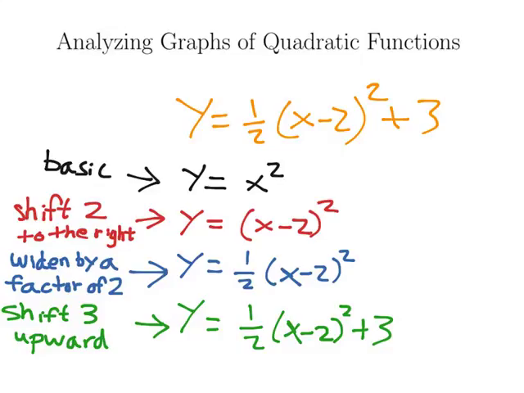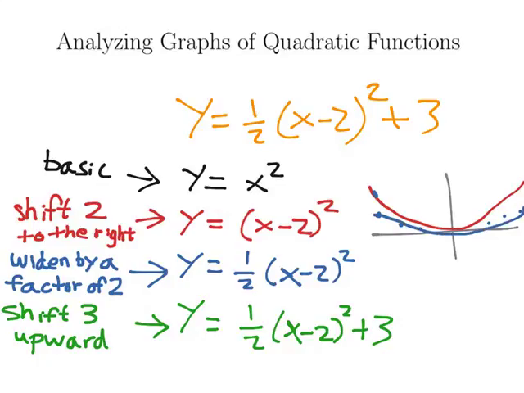Now note here that when I say widen by a factor of 2, I'm saying that we're taking our basic function, or whatever preliminary function it was, in this case it's (x minus 2) squared, whatever it may be, attempting to draw it well, and then by widening it a factor of 2, what we mean is we're taking all of these points and moving them down by that factor of 2.